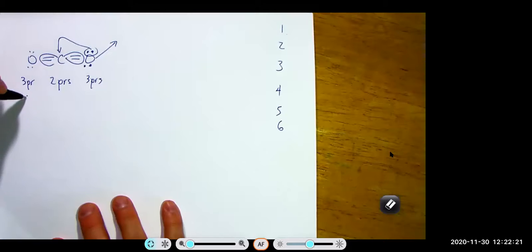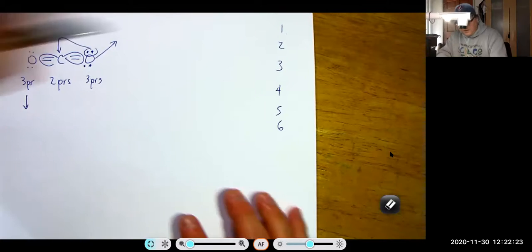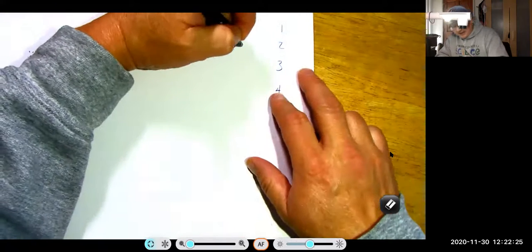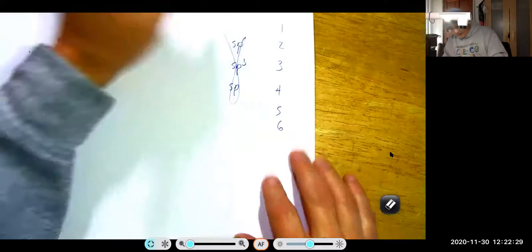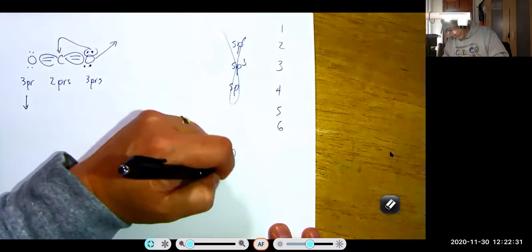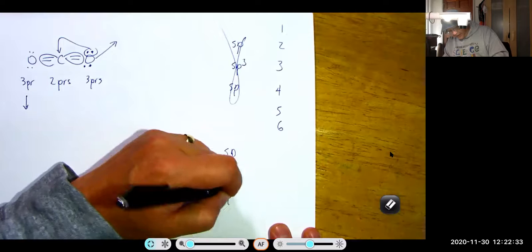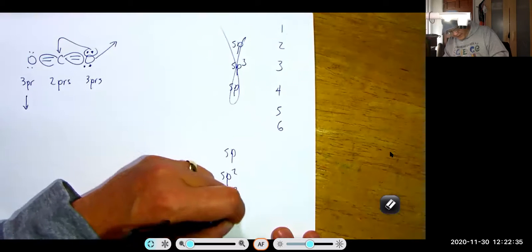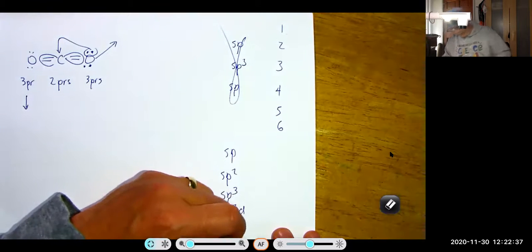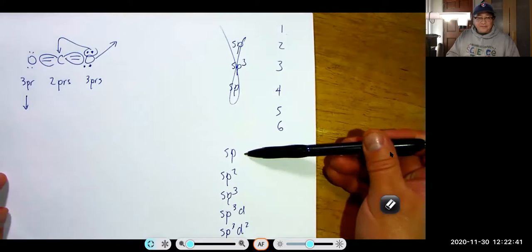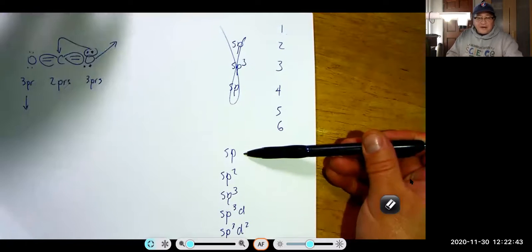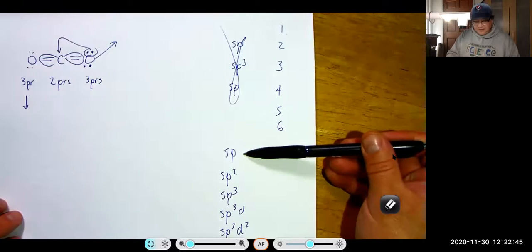So what's the hybridization on this one? So remember, sp, sp2, sp3, sp3d, and sp3d2. So on this oxygen, what's the hybridization? Give me a thumbs up when I get there. sp, sp2.